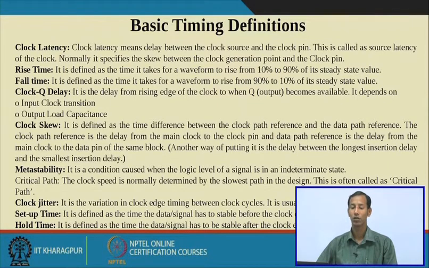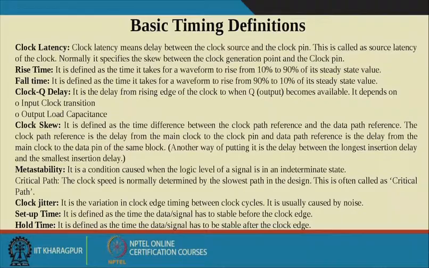It depends on the input clock transition as well as the output load capacitance. That means whenever the positive or negative edge of the clock occurs, after how much delay the output is available from that register, that is known as clock to Q delay.